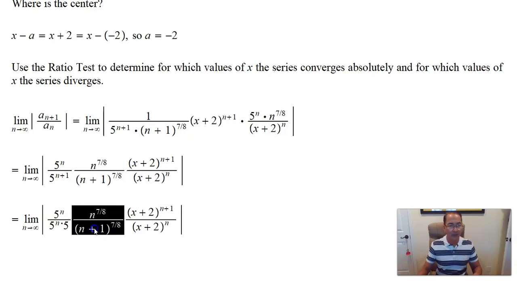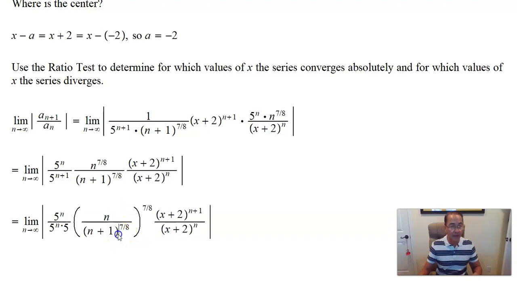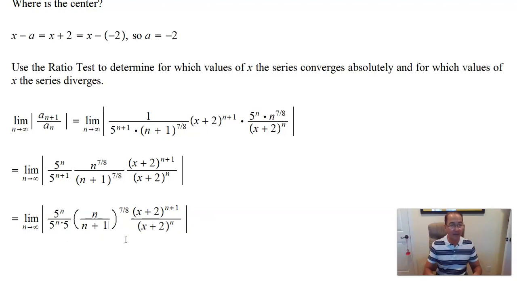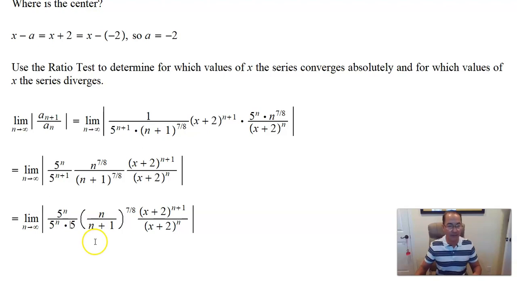Let us wrap the whole thing in parentheses, because there's a power of 7/8 on both the numerator and the denominator. So let's take that power outside, and it becomes n over n plus 1 to the power 7/8. Okay, my apologies, that times is in the exponent. That's where it belongs. All right.